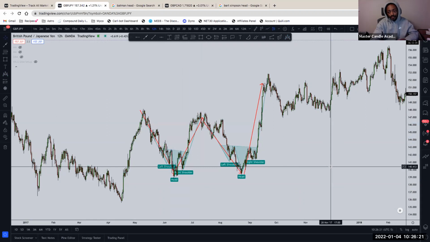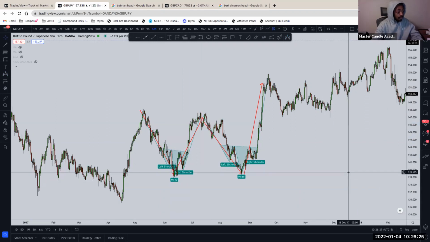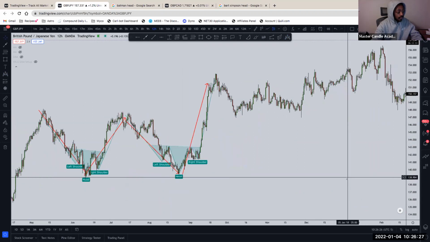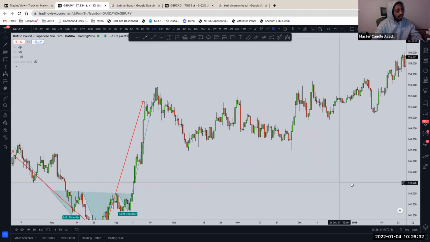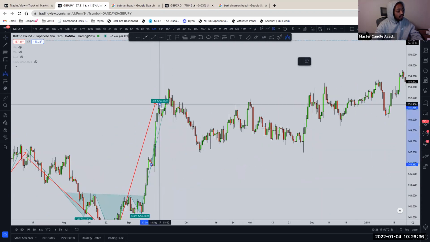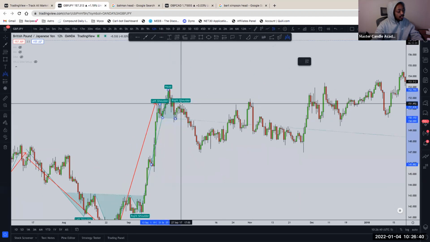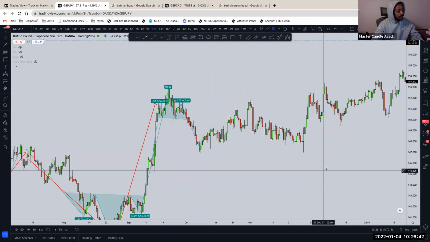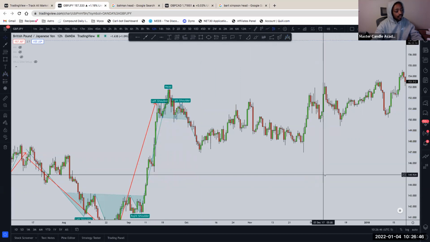You guys see that? So they're everywhere. It's just a matter of being able to identify it. Left shoulder, neckline, head, right shoulder. They're everywhere.